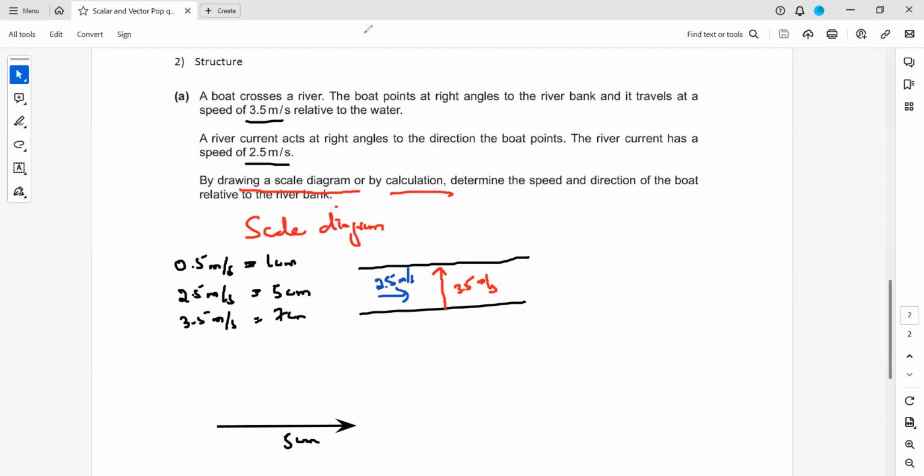And then we draw the second vector from the head of the first vector, which is 3.5 meters per second, equivalent to 7 centimeters.